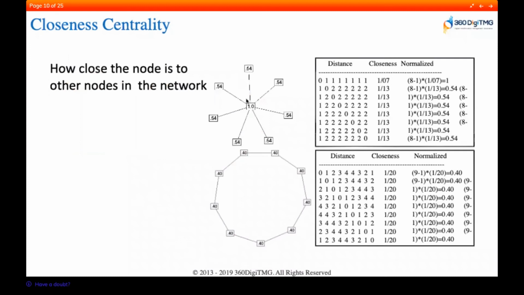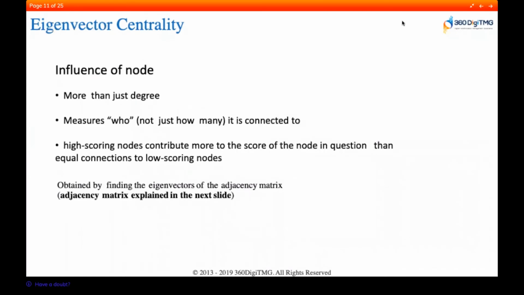Apart from this, we have one more parameter, which is called eigenvector centrality, or eigen vector centrality, depending on your pronunciation.